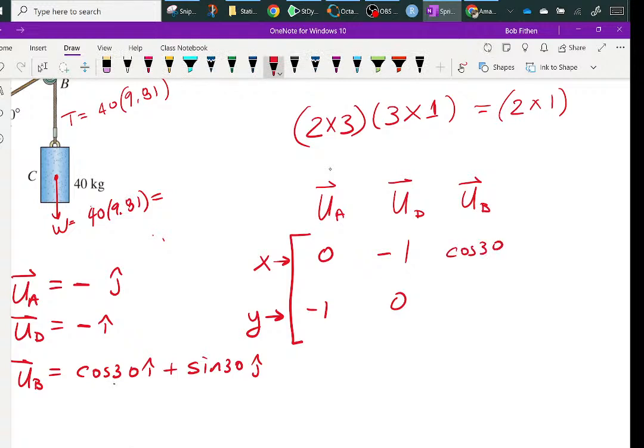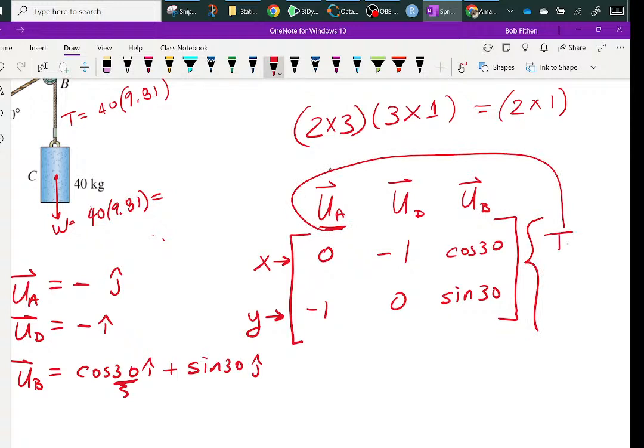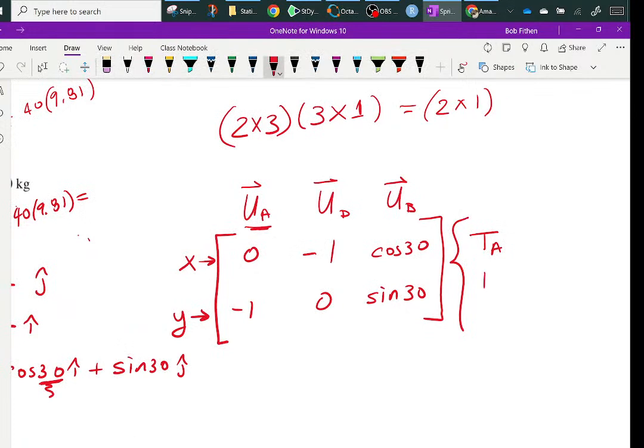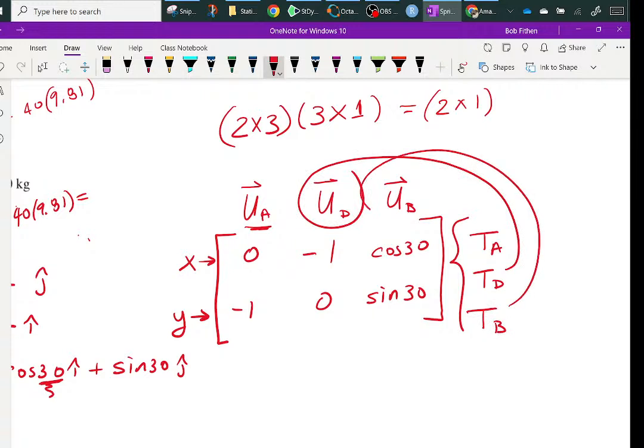I got confused right there because I thought it was cosine 3, but no. Then sine of 30. Then I have to match this to the first entry, tension in A. Then this one, tension in D, and then the tension in B, because that's that one.